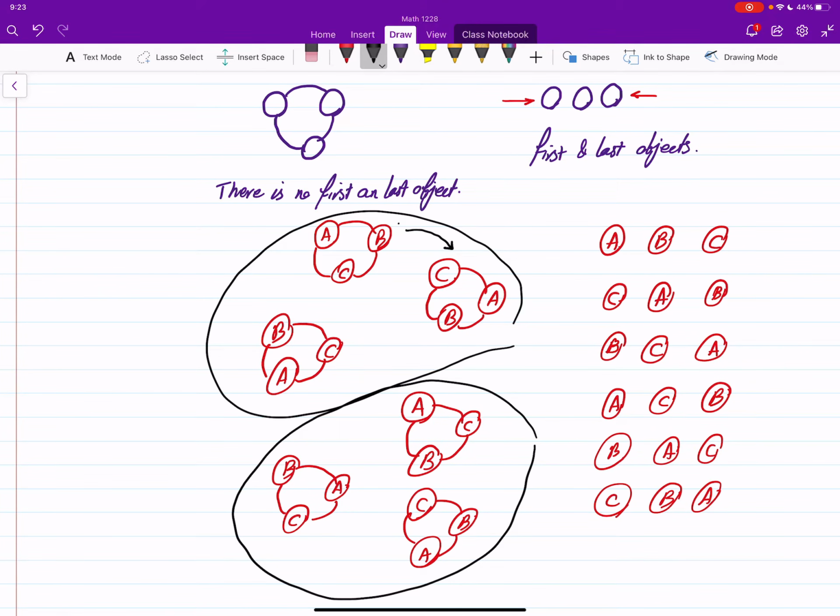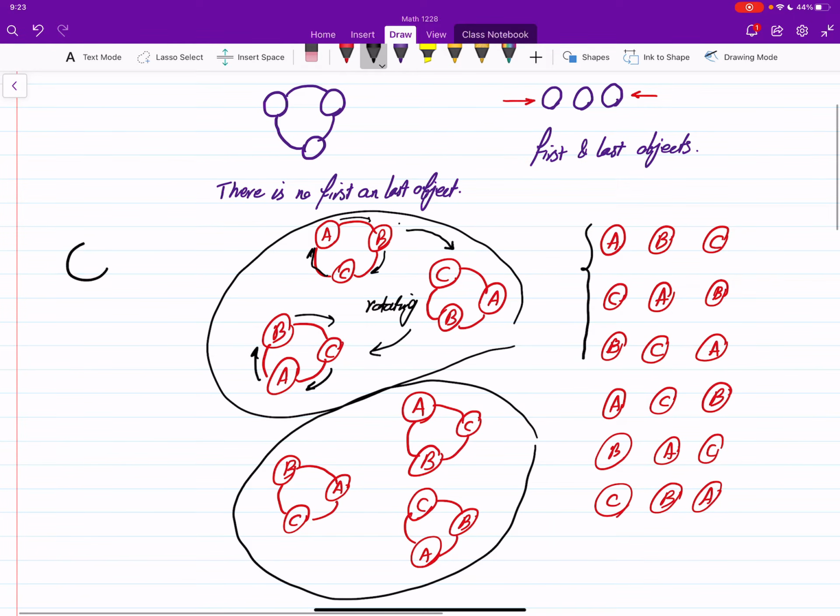Circularly, these are the same thing. A, B, C. And if we rotate another time, we see that all these guys are basically the same circular permutation. So 3 of these guys gave us 1: A, B, and C.